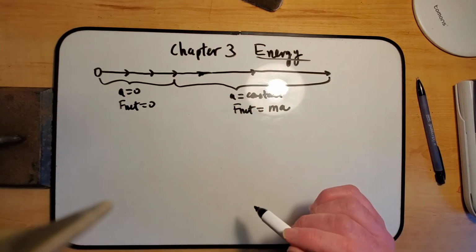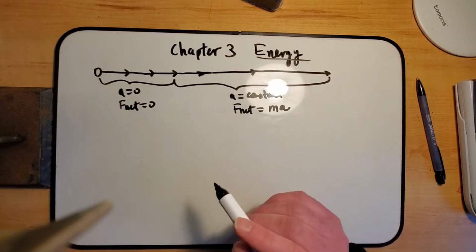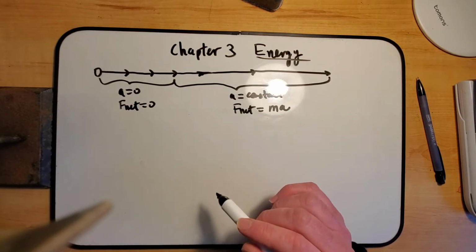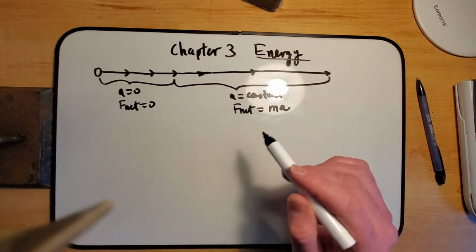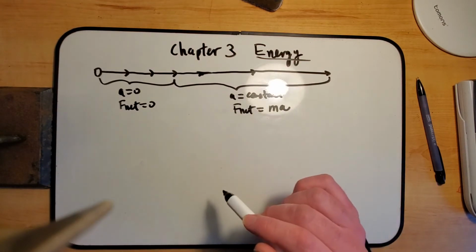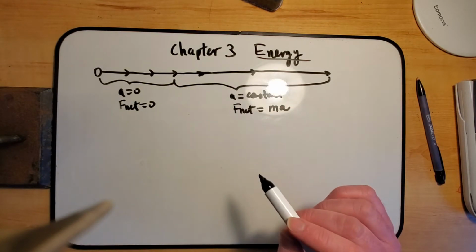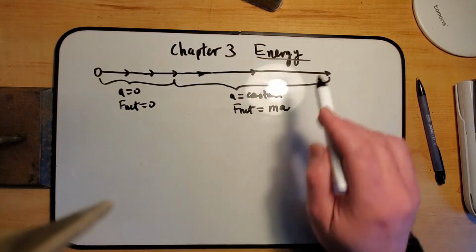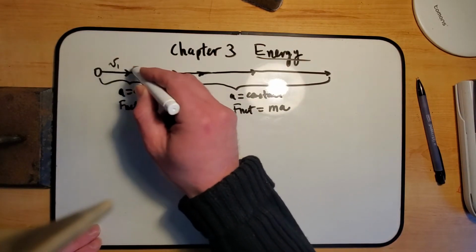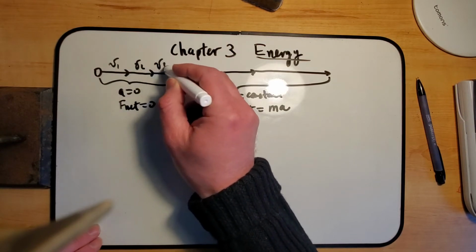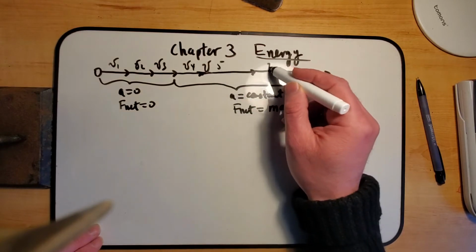This is where you disturb the equilibrium, an external force is applied, and so F net will change the velocity. I showed it by the increasing magnitude of this velocity vector: v1, v2, v3, v4, v5, v6.